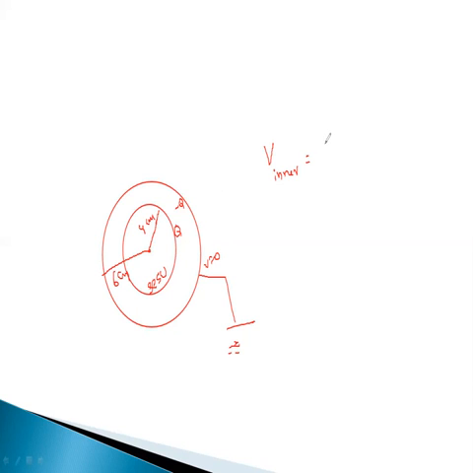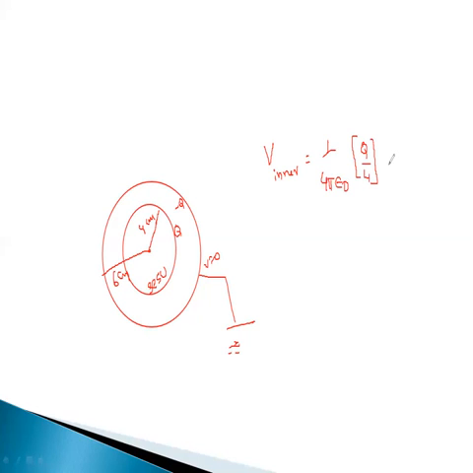That will be 1 by 4 pi epsilon naught, the general formula I will write here, into Q by R. That means Q by 4.